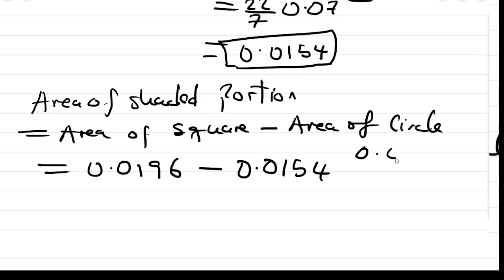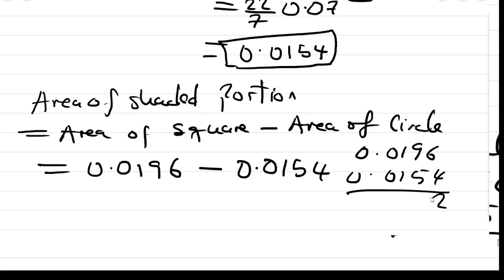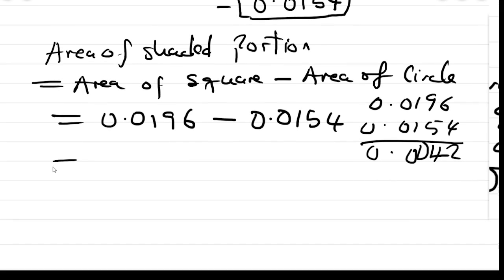So 0.0196, take away 0.0154. So you get 2 here and you get 4, and this is 0.0042. 1 minus 1 is 0. So 0.0042. So this whole thing here is 0.0042.